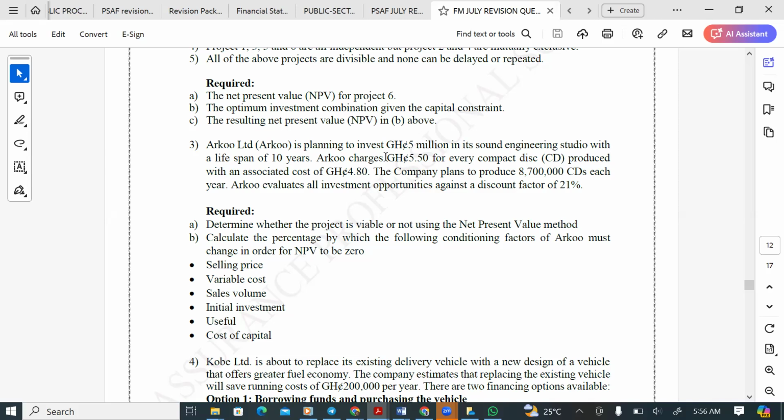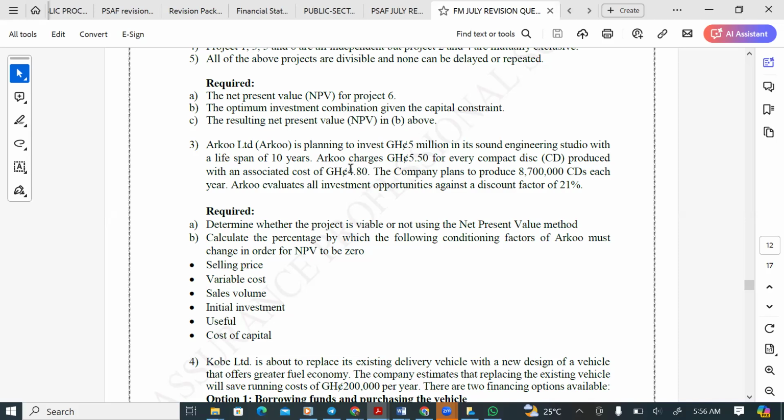How much are we charging per compact disc? 5.5. Okay, and what is the cost that we are incurring to do that? 4.8. So what will be the contribution from there? 0.7.